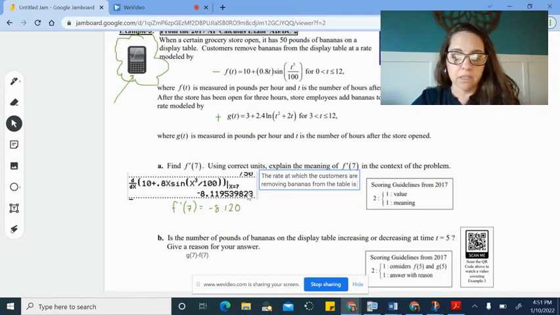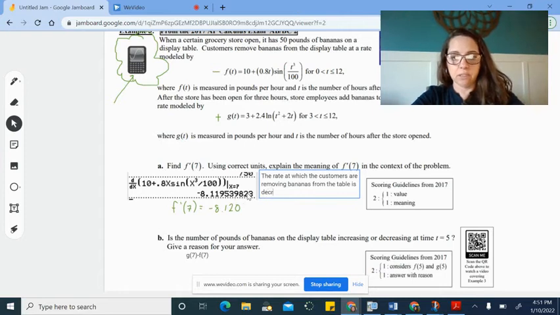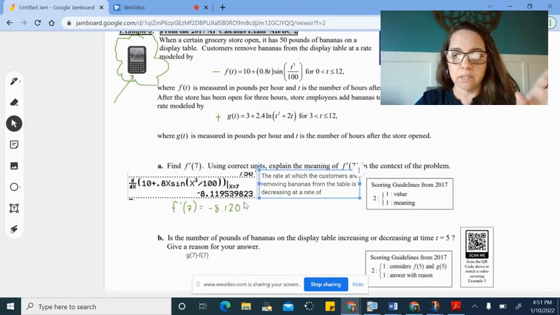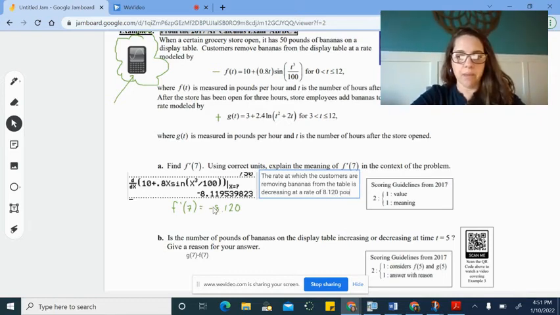It's negative, so it's decreasing, slowing down at a rate of, now we put the number in, but we already used the word decreasing, so we don't have to write the negative. 8.120 pounds per hour per hour.